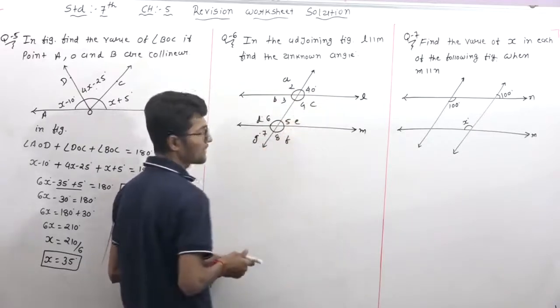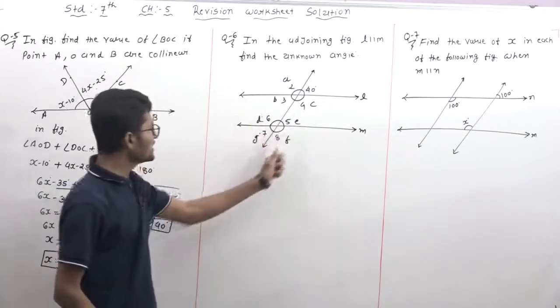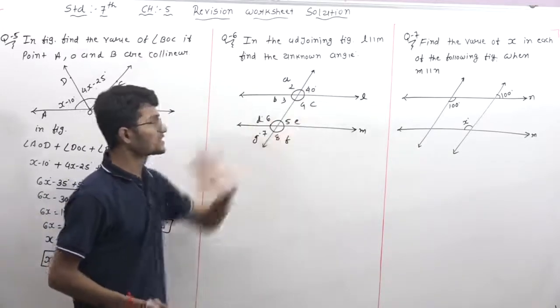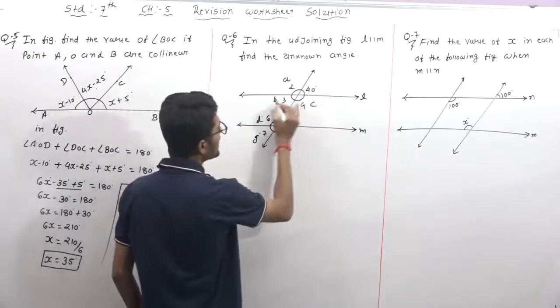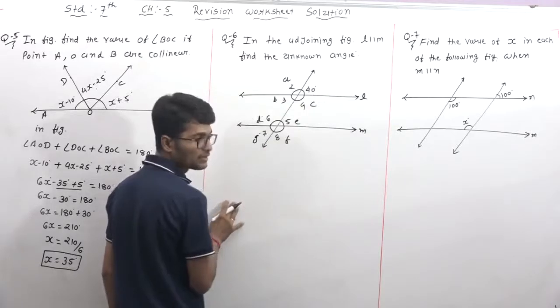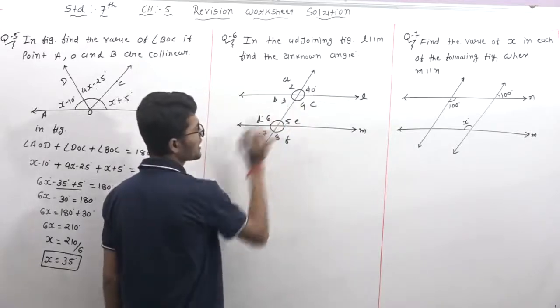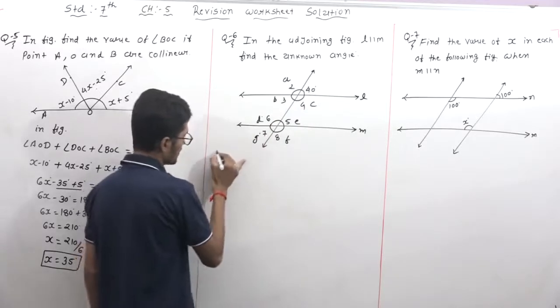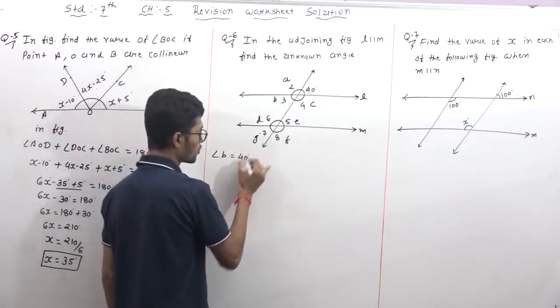A, B, C, D, E, F and G. This angle is given as 40 degrees. So 40, and this B means the third angle. So angle B is equal to 40 degrees.